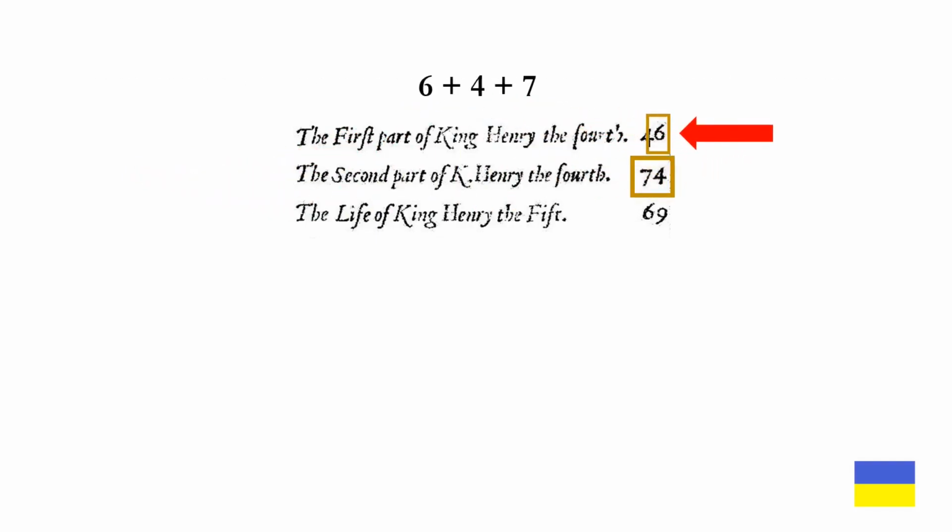Also, 6 plus 4 plus 7, they add to 17. And 7 plus 4 plus 6, 17. Finally, going vertically down the left-hand column, 4 plus 7 plus 6 is again 17.